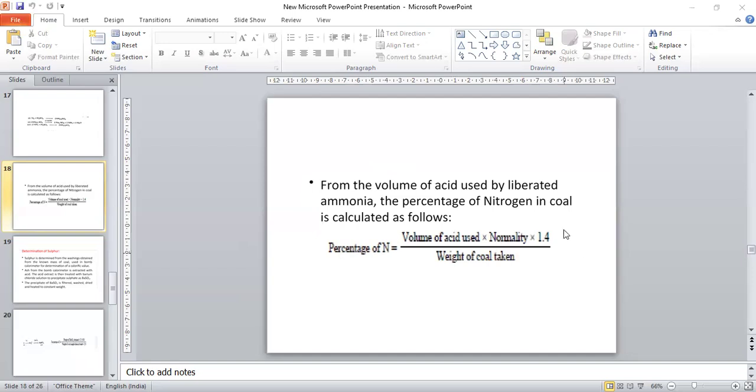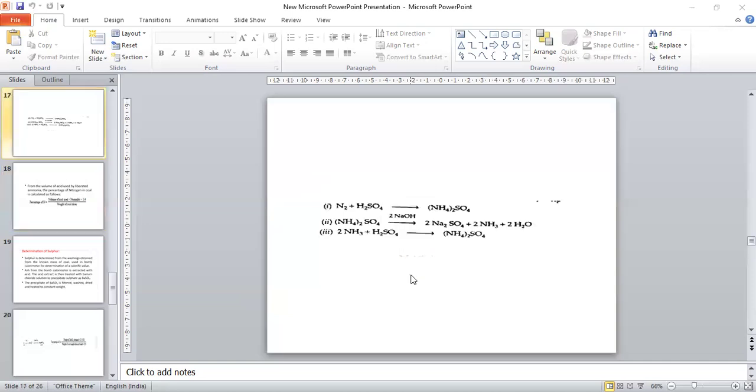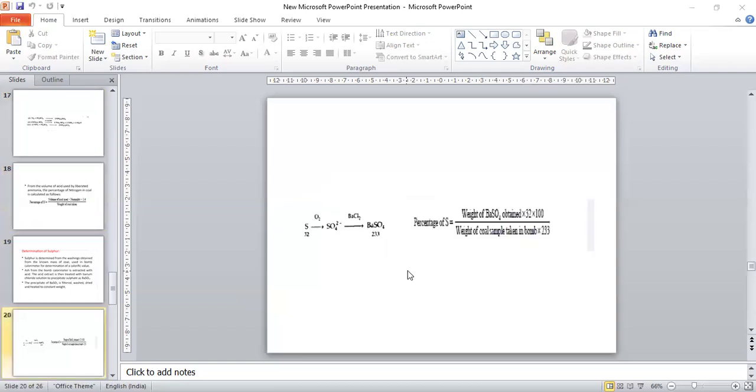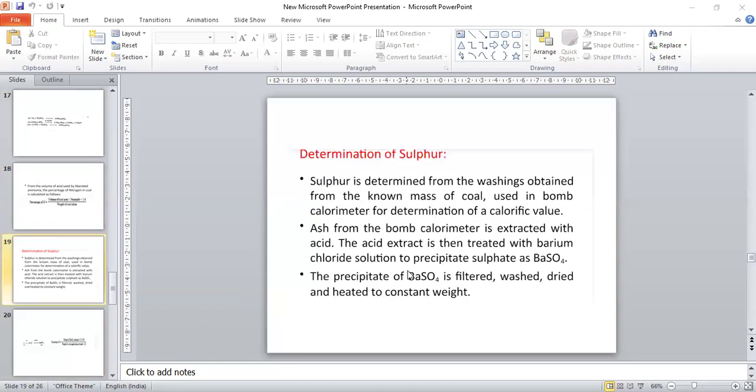Then we will get the 1.4 value here. This is about the determination of nitrogen. Now we have completed carbon, hydrogen, nitrogen, and the next one is sulfur.